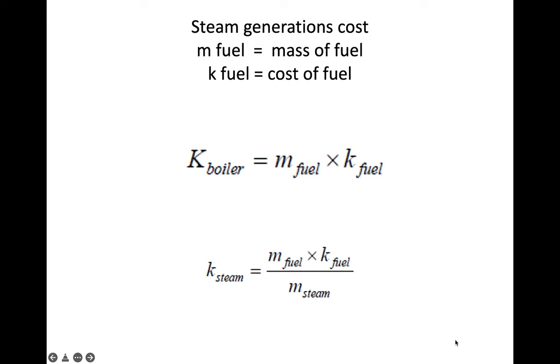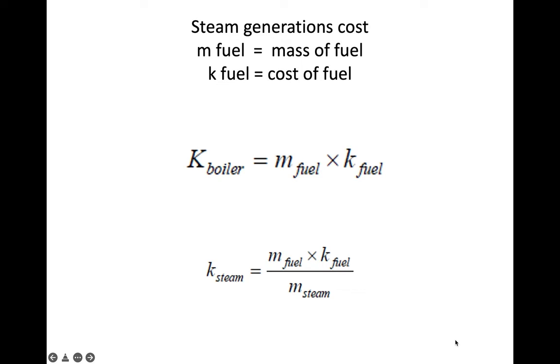It can be per volume, for example, dollar per liter, dollar per cubic meter, dollar per cubic feet, or dollar per MMBTU for natural gas, or dollar per ton for coal. We have to find this cost of fuel, K fuel, first.